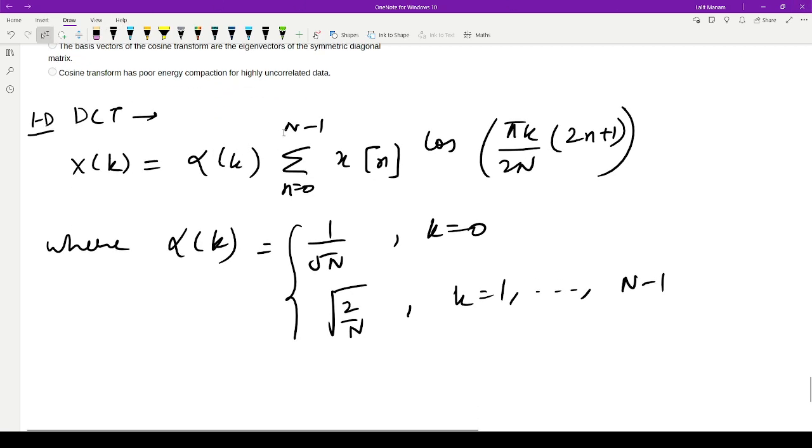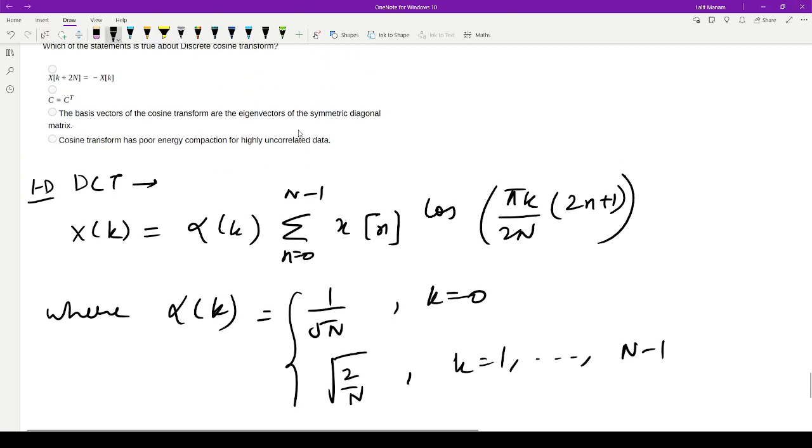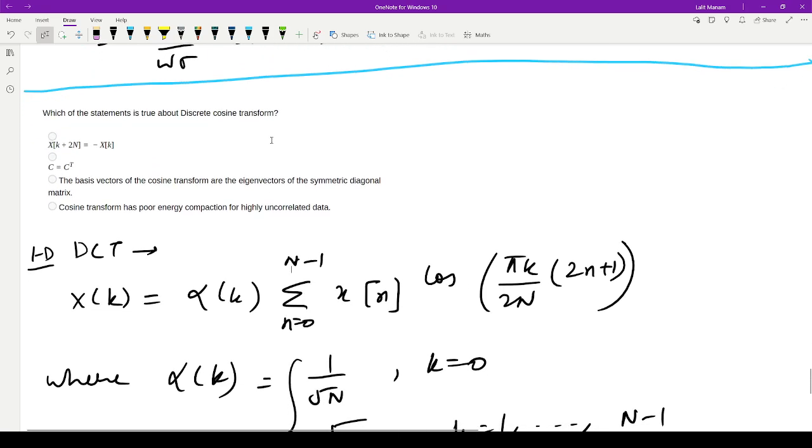So given that there are N discrete points in your signal, you have the specific DCT formula. Okay, fine.